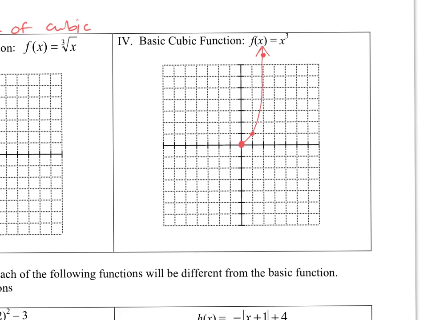Yes. And you might recall that odd functions have origin symmetry, meaning that they're like a rotation of 180 degrees around the origin. So what I can do with a cubic function is graph one side, and then imagine rotating it around the origin 180. So the other 2 points that I would graph would be -1, -1, and -2, -8.